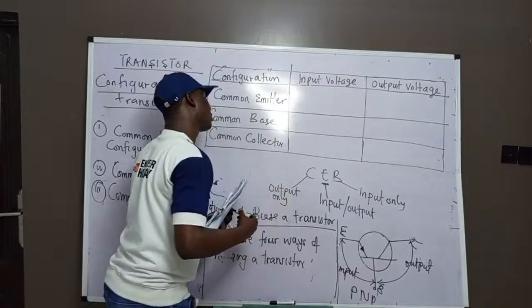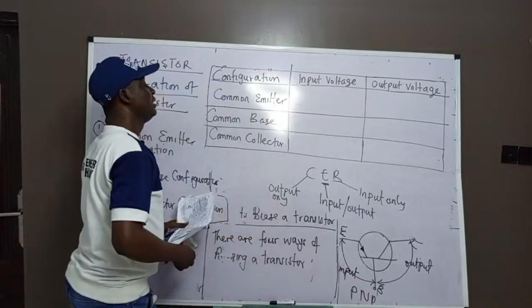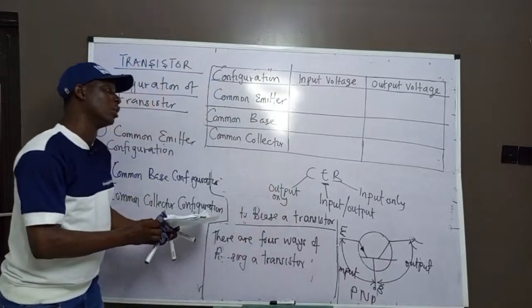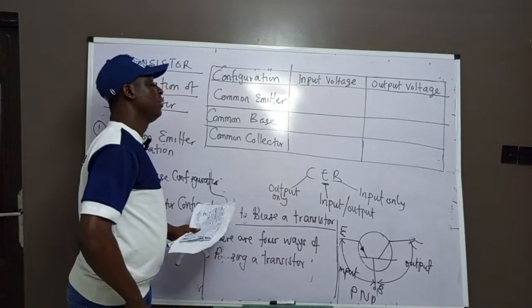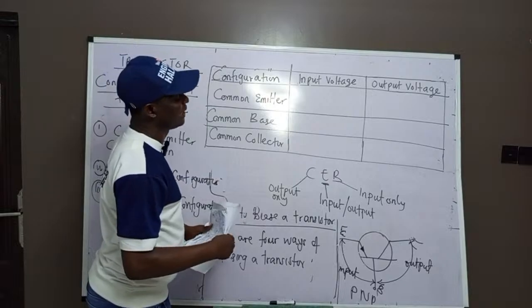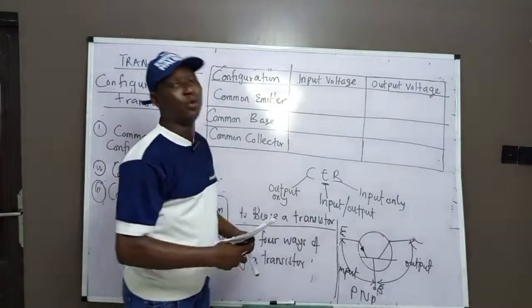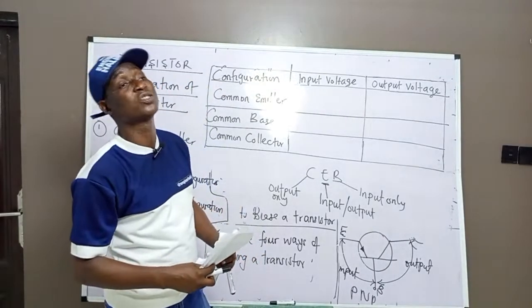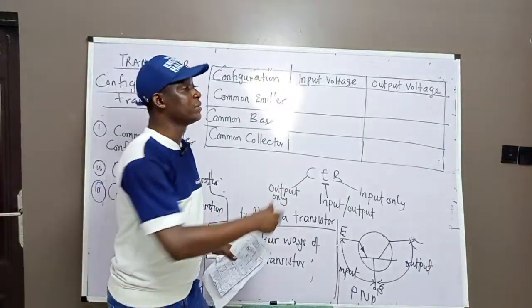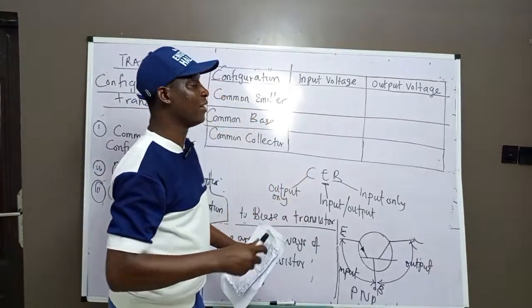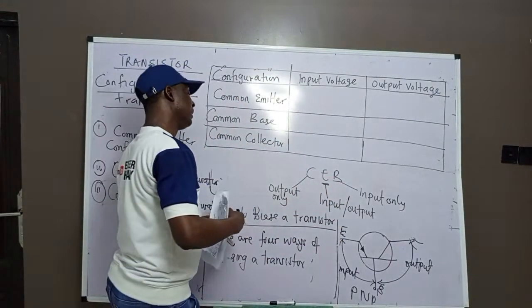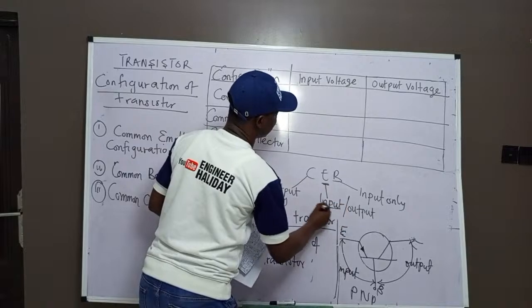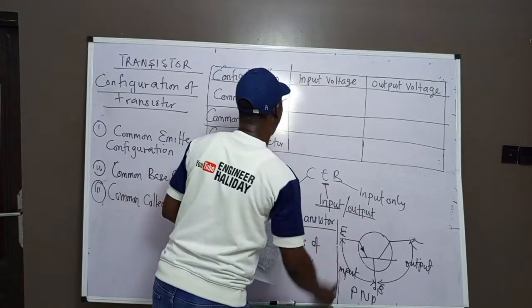So the collector can never be input. Base can act as input only, while emitter can act as input and output. Even in football, we have people that play both strike and midfield. So that's what the emitter can do. It can strike and also come to the middle and play. That means it can play as both input and output.